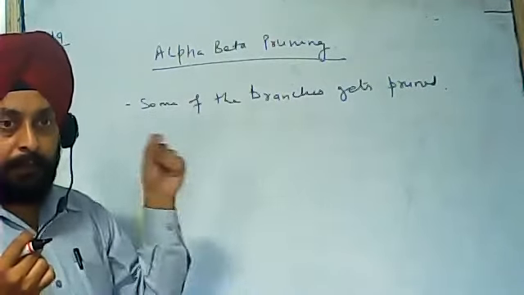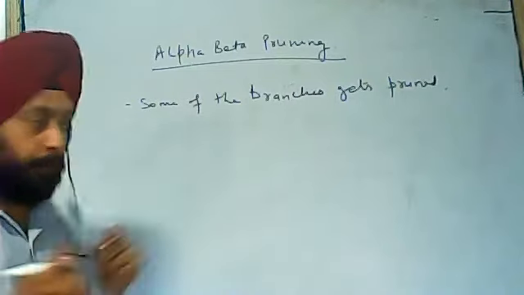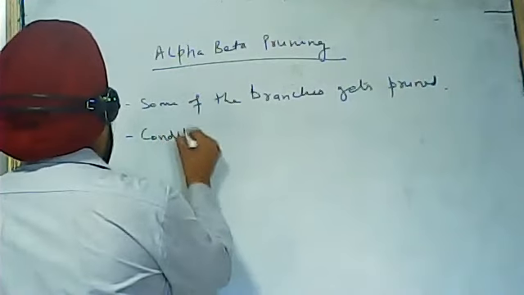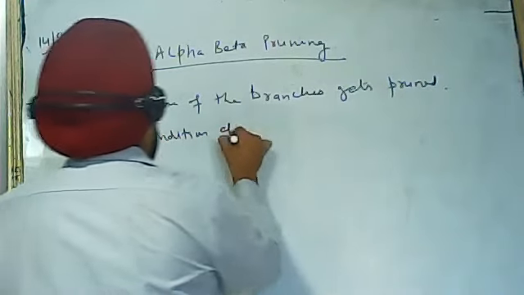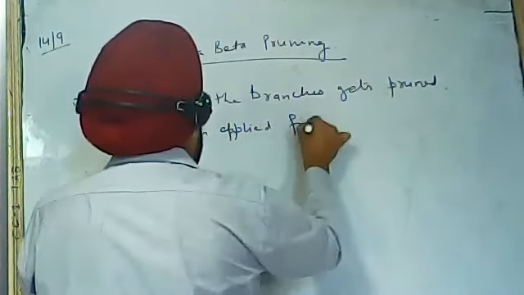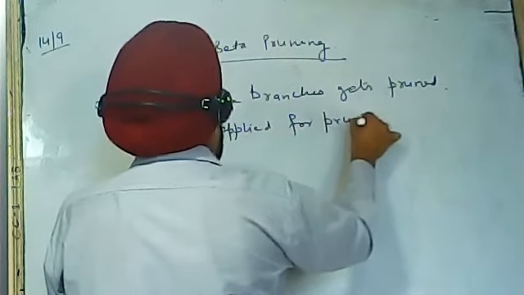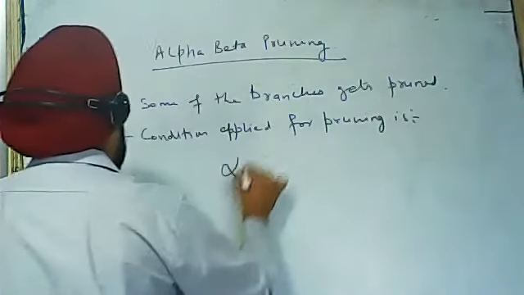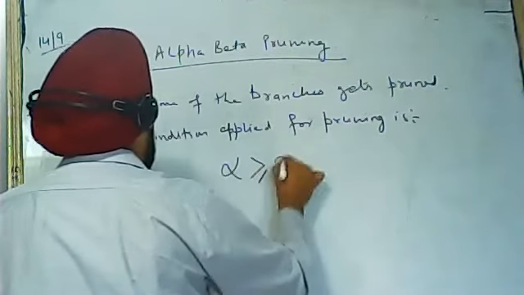So what is the condition for pruning? The condition applied for pruning is alpha is greater than or equal to beta.